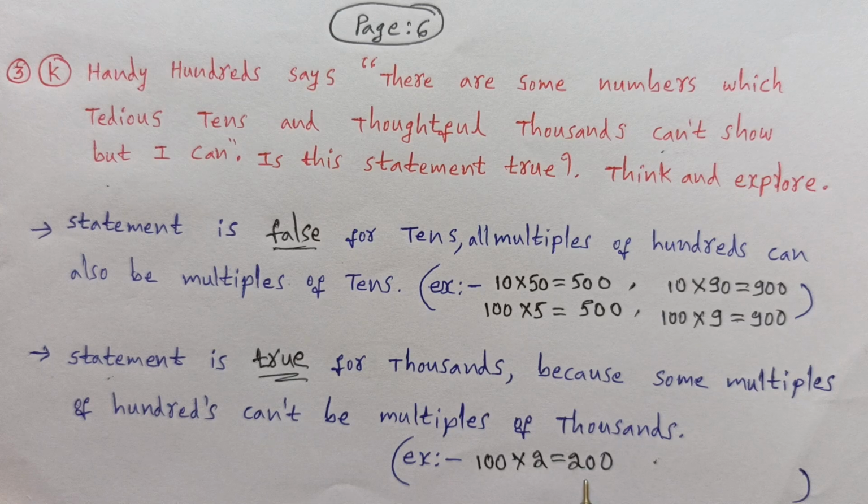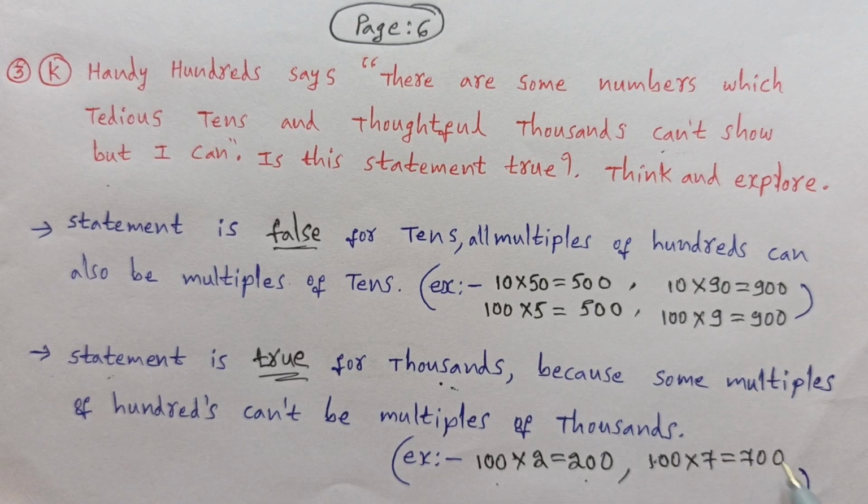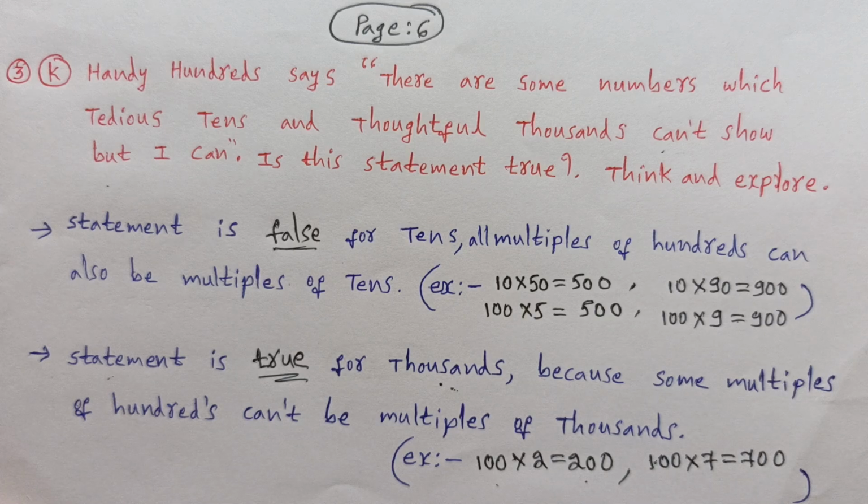So this is a multiple of 100, but by using the thousands button we cannot show 200, because 1000 into 1, the least value, is 1000. Similarly, you can take one more case, for example 100 into 7 is 700. This can be shown only by hundreds but cannot be shown by the 1000.